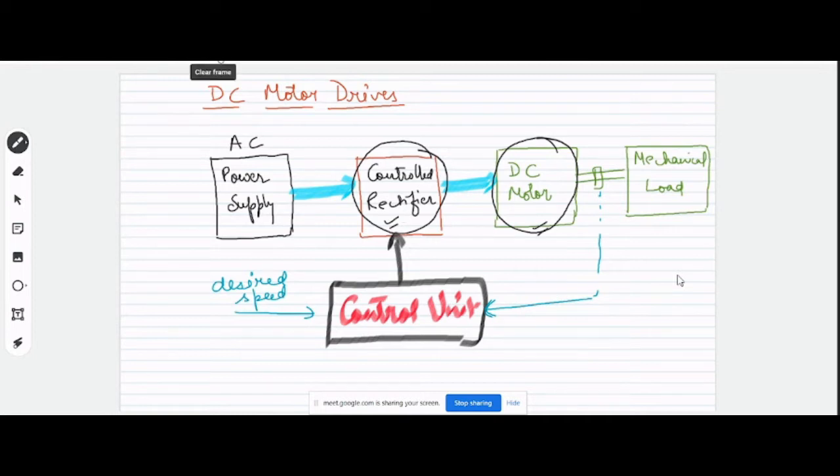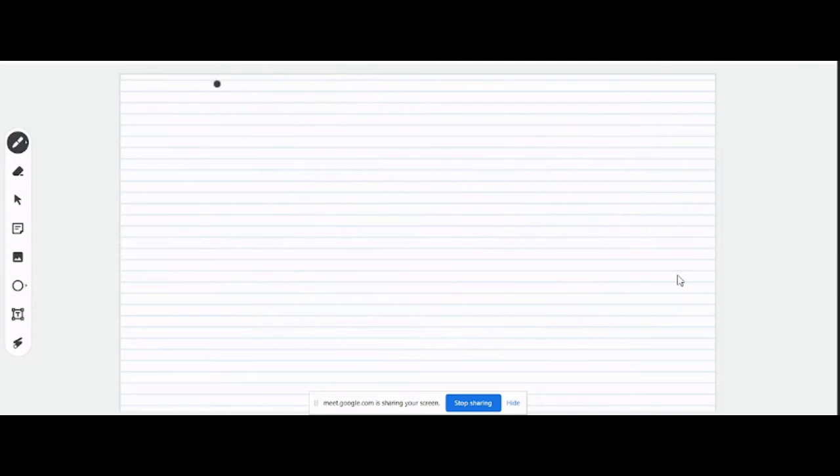Let us discuss it a little more deeply. We are discussing the DC motor drive.